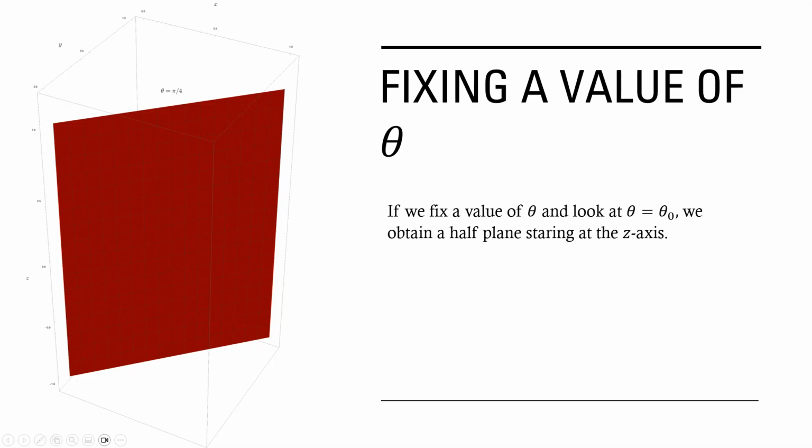And we have every value of r and every value of z. So this is just like a half plane that starts at the z-axis and goes out in the direction of theta. So that's also another thing that's nice to work with in cylindrical coordinates, because it's just given by a constant value of theta.